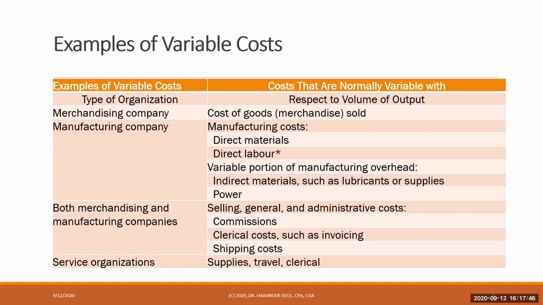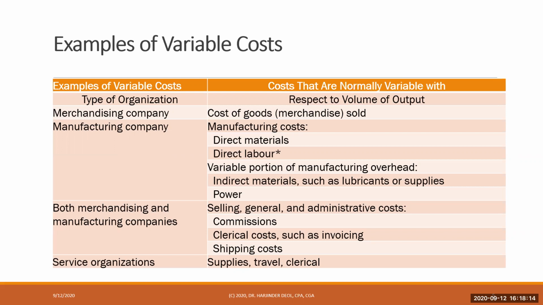And then there tends to be a variable portion of the manufacturing overhead. For example, the indirect materials used, such as lubricants, supplies, power consumption will tend to vary with the number of hours equipment is used. So those could be some examples that would apply in the context of a manufacturing company.